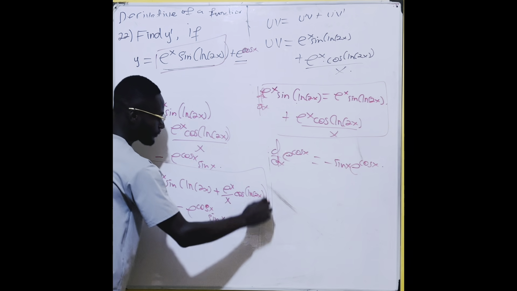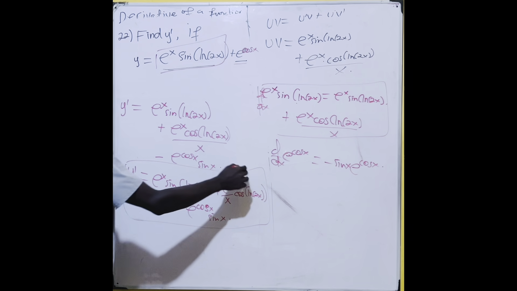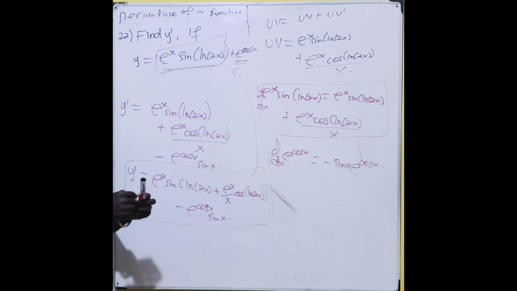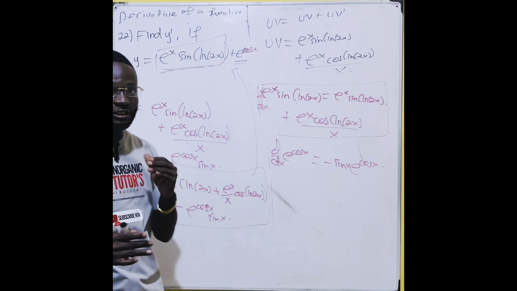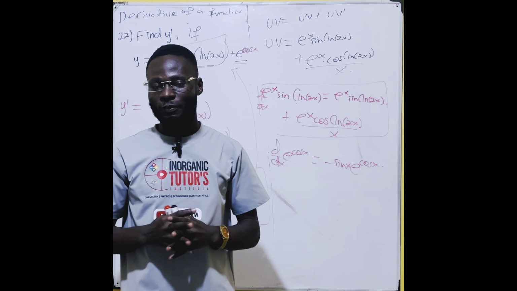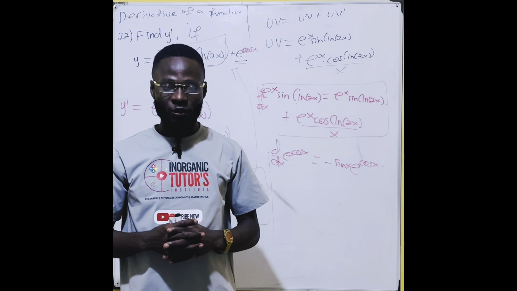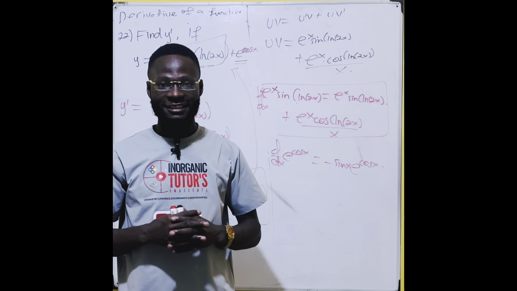So we have that done. That is the derivative of this particular function, and that is question number 22. Now let me solve one more question and call it a day.